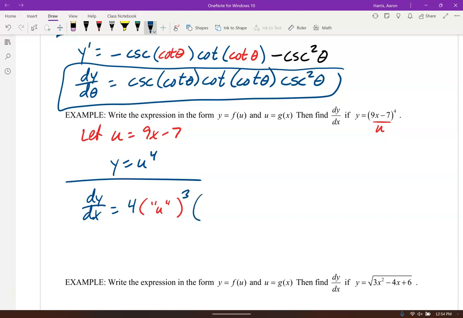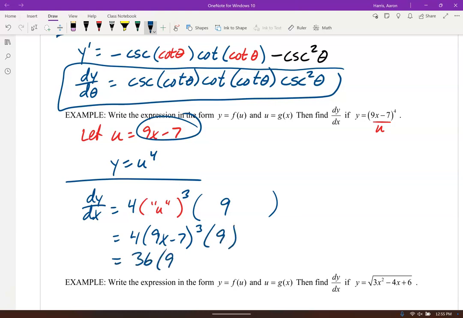And now we got to take the derivative of u, which is the derivative of 9x minus 7, which is just 9. And let's go ahead and replace the u. So u is 9x minus 7, to the 3rd, times 9. So 9 times 4, we got 36, 9x minus 7 to the 3rd. And there's our dy dx on that one.